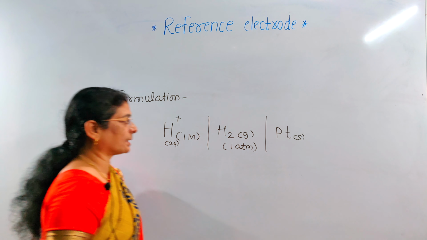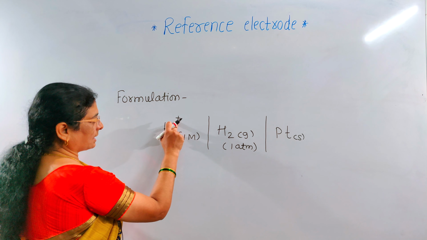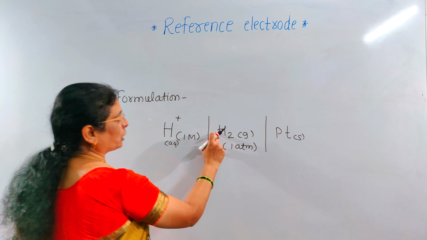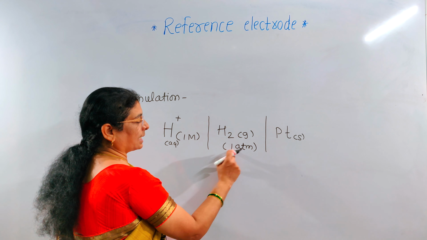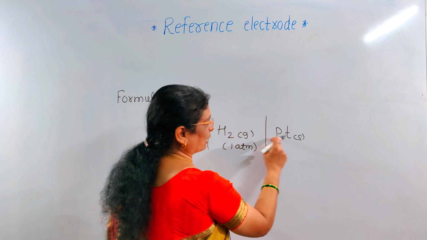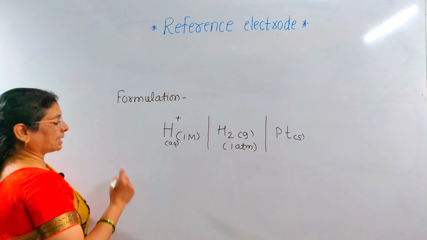So this is the representation of standard hydrogen electrode. Here H plus ions having the concentration 1 molar, aqueous, H2 gas, the pressure of this gas is 1 atmosphere, and this hydrogen gas is adsorbed on platinum metal.